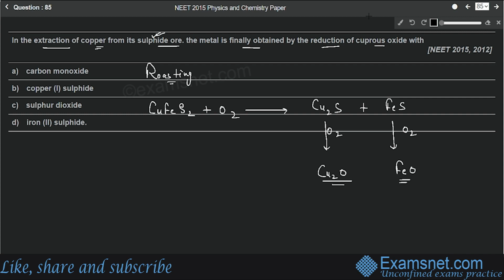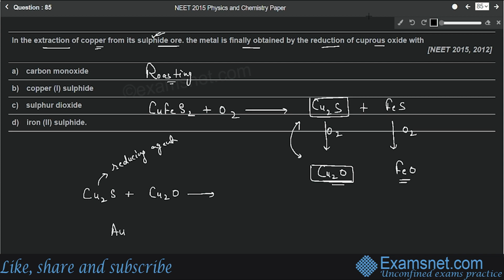Now in the next step, this copper sulfide and this cuprous oxide will react with each other. So let's see what happens. Copper sulfide plus cuprous oxide will react with each other. In this process, this copper sulfide will act as the reducing agent, and this process is known as auto reduction.